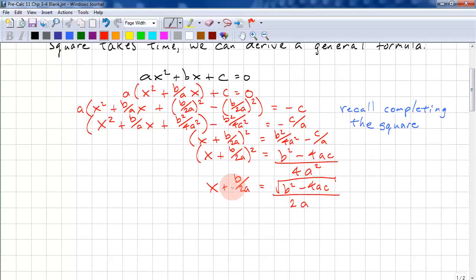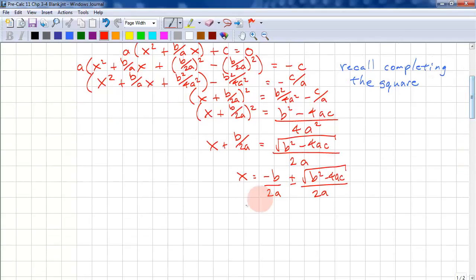And now we can move this constant over to the other side. So x equals minus b over 2a plus or minus square root b squared minus 4ac all over 2a. And again, because we have a common denominator, we can just combine this. x is equal to minus b plus or minus square root b squared minus 4ac all over 2a.